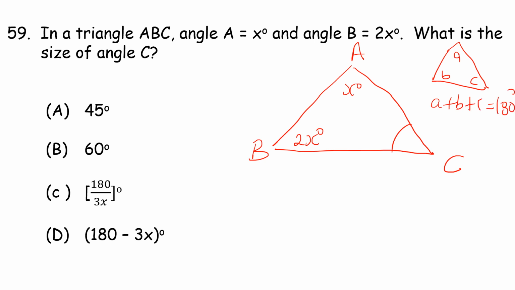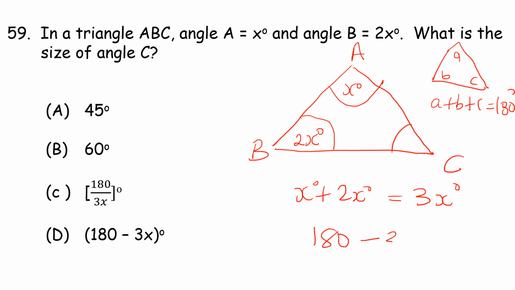If we add angles A and B, we get x plus 2x, which is 3x degrees. We take that from 180 to find angle C. So the answer would be D.